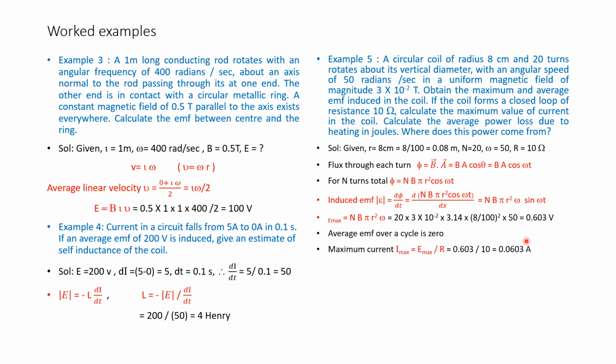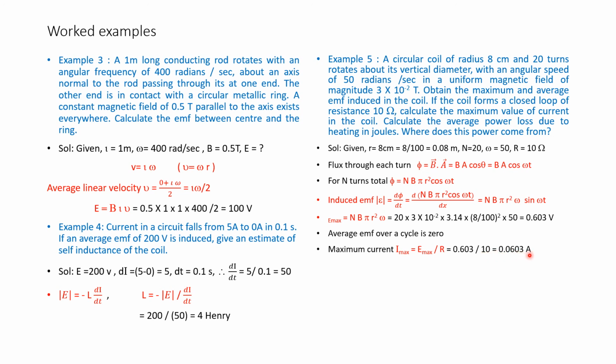Power loss is given by half E maximum into I maximum, that is EI by 2, that is equal to half into 0.603 into 0.0603, that is equal to 0.018 watts.